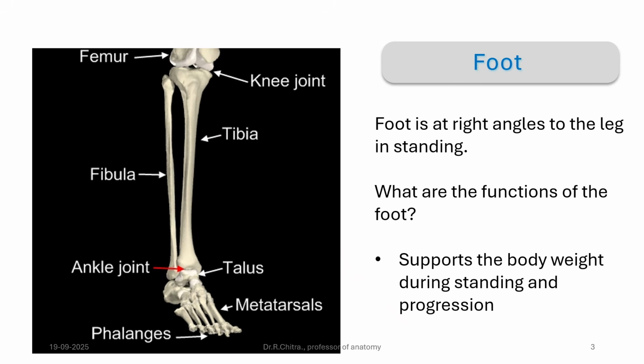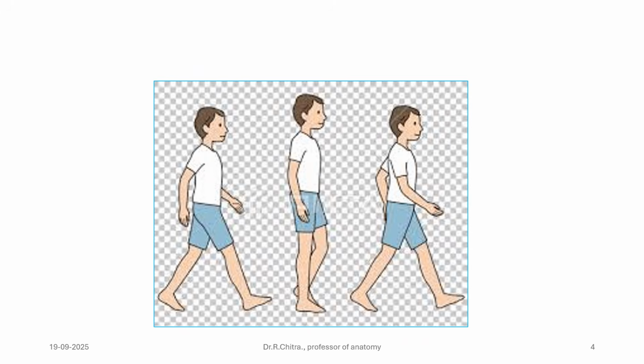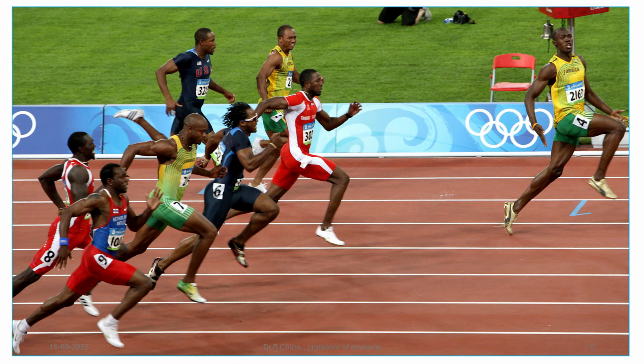Why is the foot set at right angles to the body? Imagine you are standing. What is the function of the foot? Foot is the stable base for weight bearing. Imagine you start walking. Feet should act as a rigid lever for an effective push-off during gait. Imagine you start running, jumping.